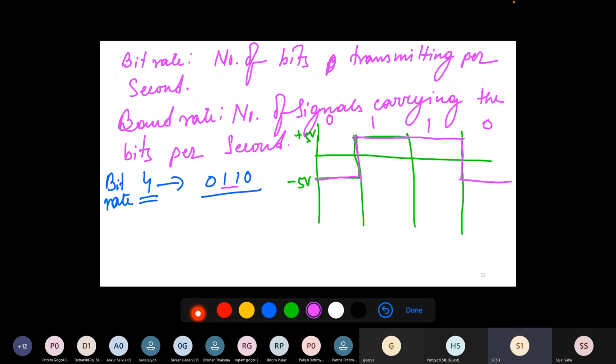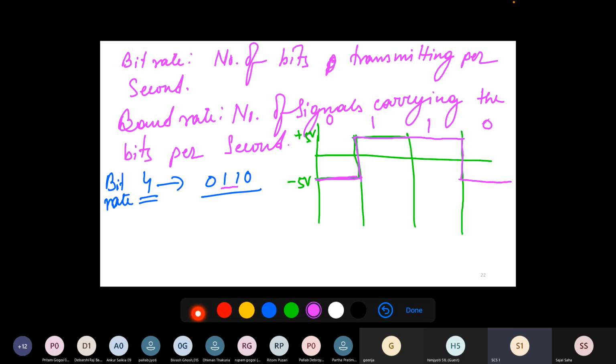Okay. Now if I consider this case, my bit rate is 4 because 4 bits are passing in 1 second. Now what should be my baud rate? The baud rate definition is the number of signals that are carrying those bits per second. Now how many signals are carrying those bits? This is 1 signal, this is 2 signal, this is 3 signal and this is 4 signal.